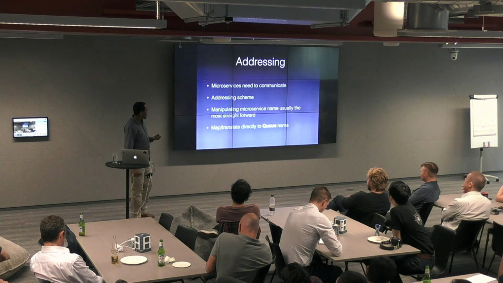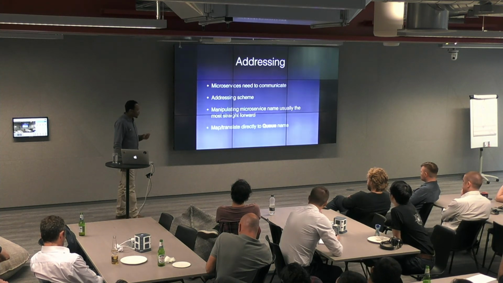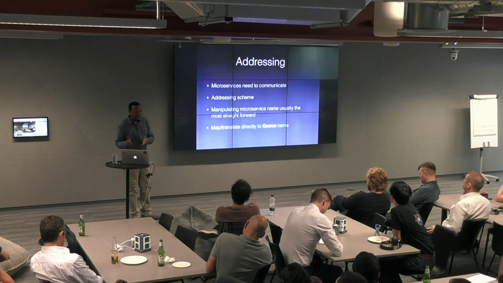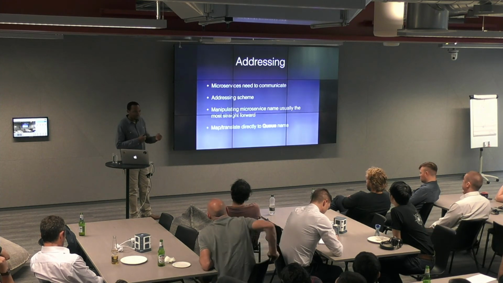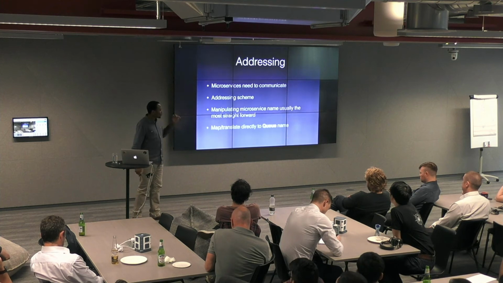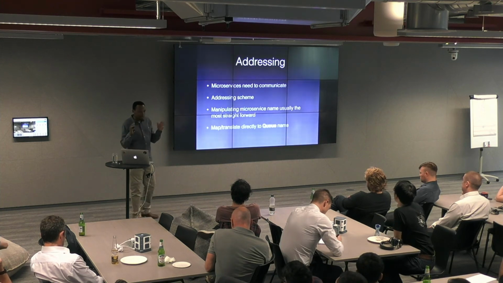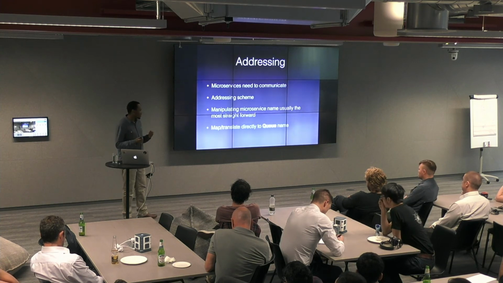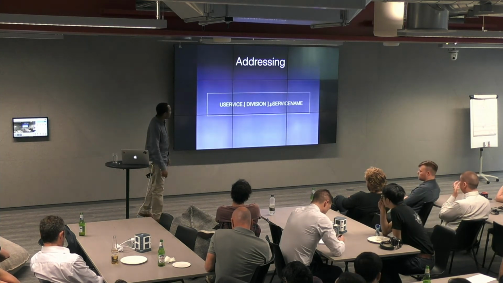With microservices and using them in Rabbit, we usually take the name of the service and manipulate that as the address. So we basically just map directly into a queue name. Remember, Rabbit is a queuing engine, so you've got a whole bunch of queues sitting in there, holding messages and passing them on to another application.